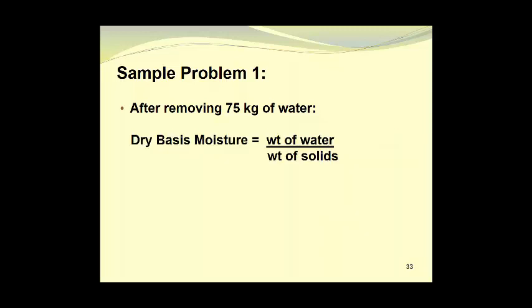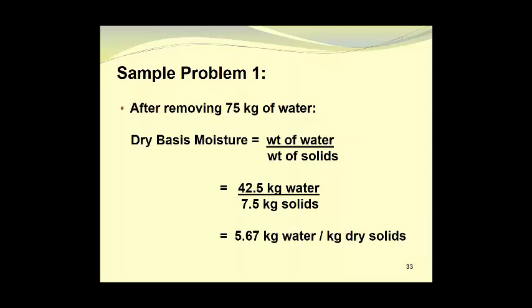The dry basis moisture will be equal to the weight of the water divided by the weight of the solids, and that's equal to 42.5 kilograms of water divided by 7.5 kilograms of solids, and that works out to 5.67 kilograms of water per kilogram of dry solids.